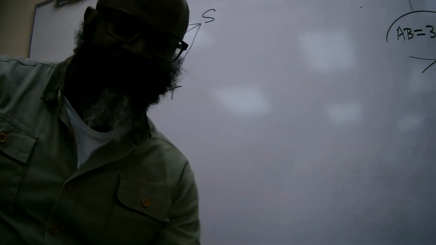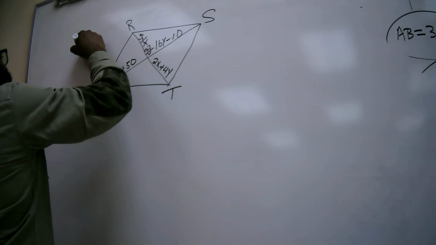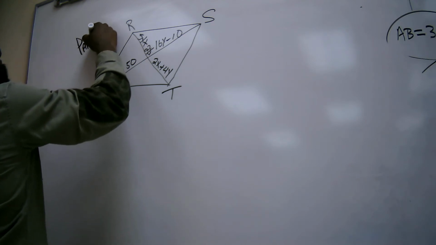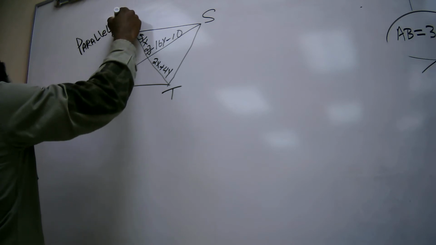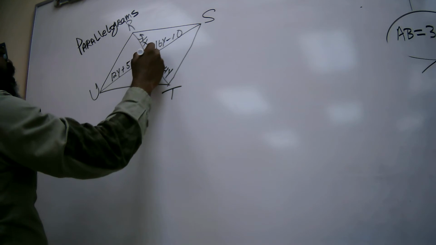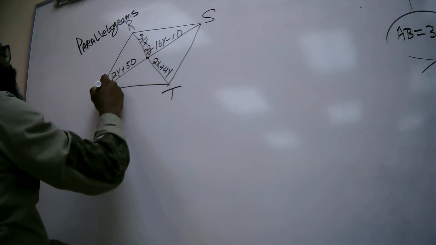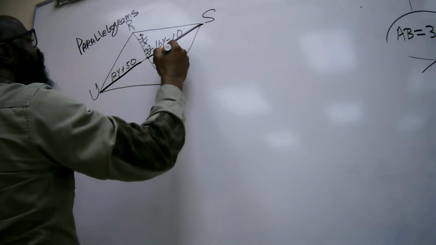This is a big one. Now, since it is a parallelogram, you know in the parallelogram that diagonals bisect each other. So, in other words, UV is congruent to SV.